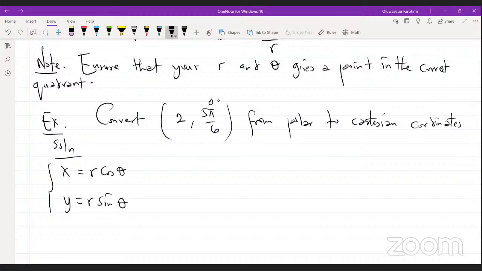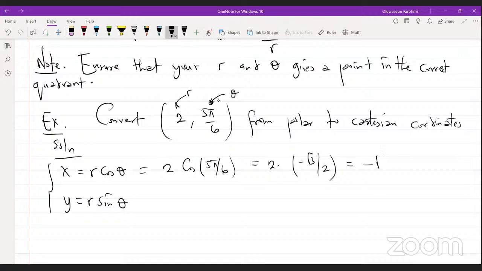I know my theta, this is my angle, and this is my r. So this is 2 cosine of 5 pi over 6, which is 2 times negative square root of 3 over 2, and that's just negative square root of 3.